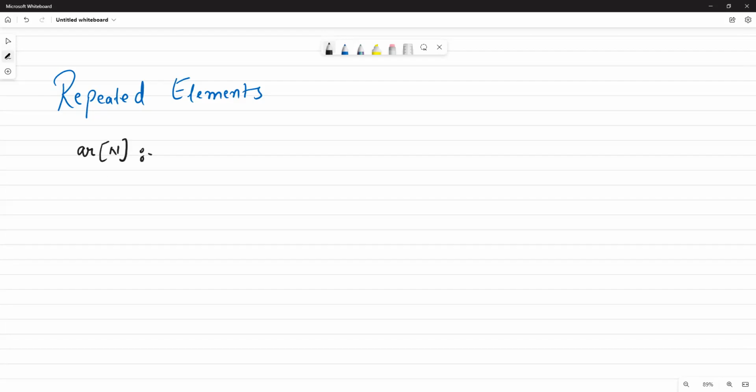Almost all the numbers in the array are repeated twice, except one number, and you need to identify what that number is.